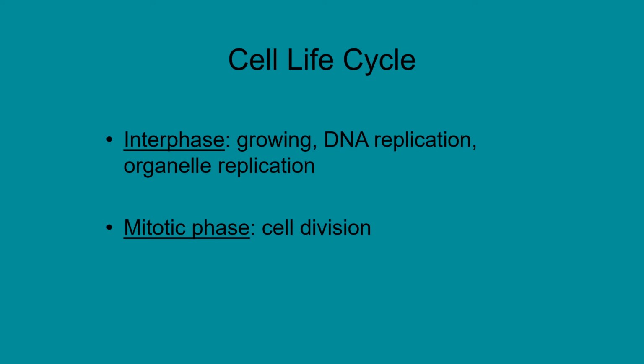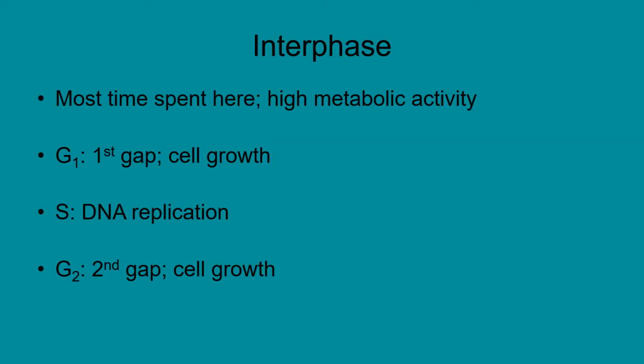Interphase is where the cell is going to spend most of its lifetime. As you have a brand new cell, it's immediately in interphase. It's where the cell's growing. It's where you will eventually replicate, or duplicate, or make another copy of the DNA prior to cell division. The mitotic phase is when cell division actually occurs.